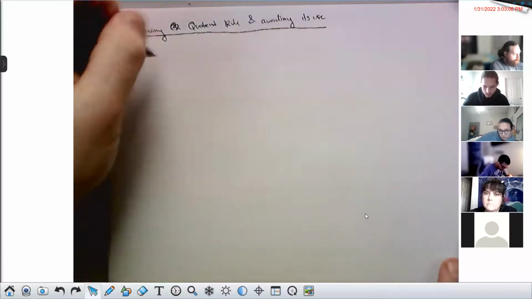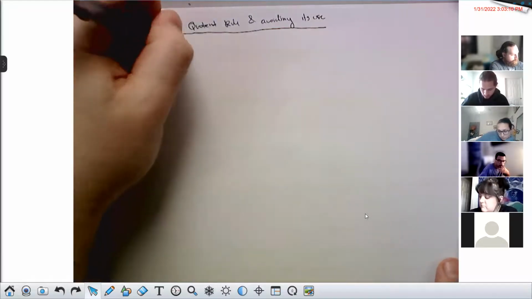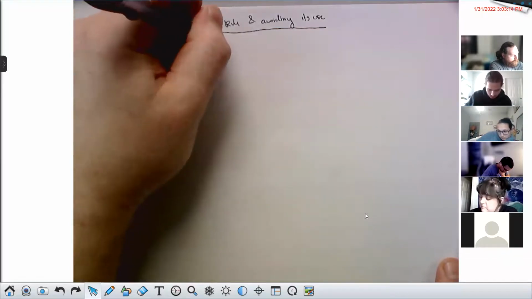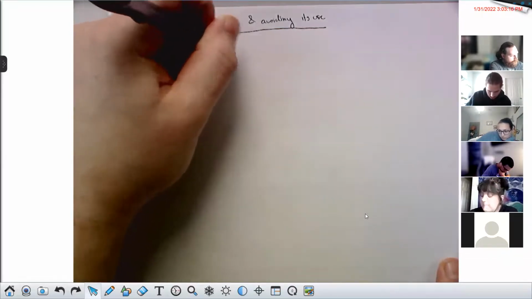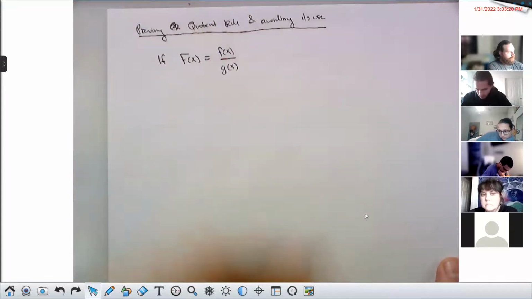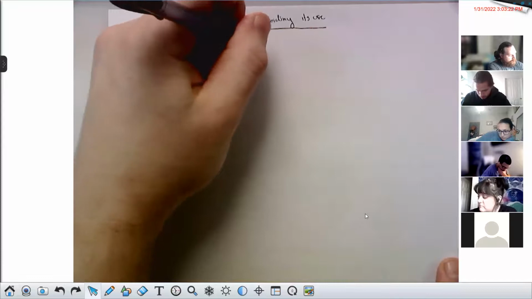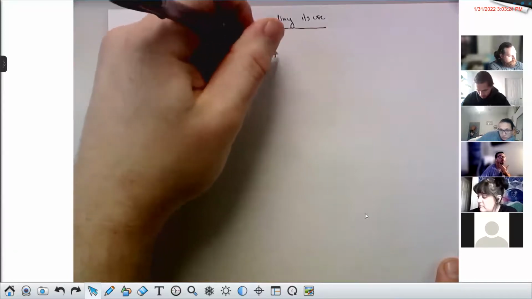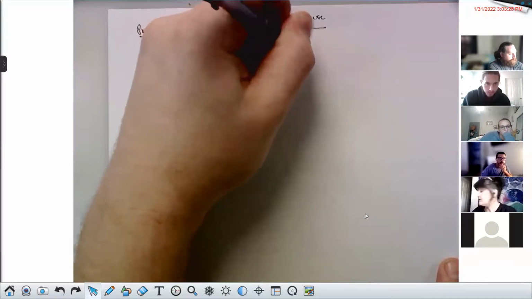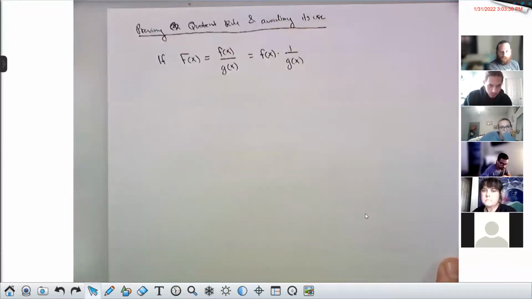So here's the idea. If capital F of x is a quotient, say little f over little g, I can think of that as f of x times 1 over g of x, right? That's kosher algebra.